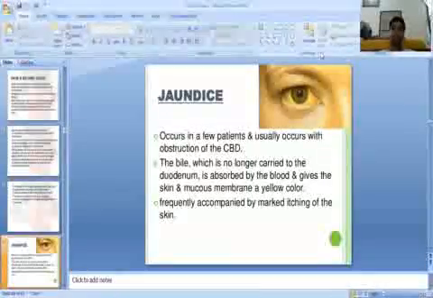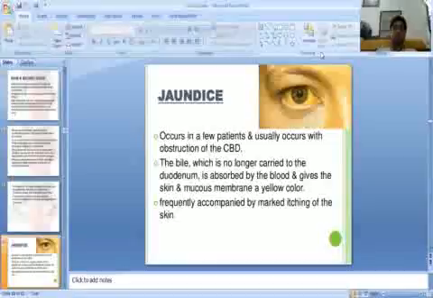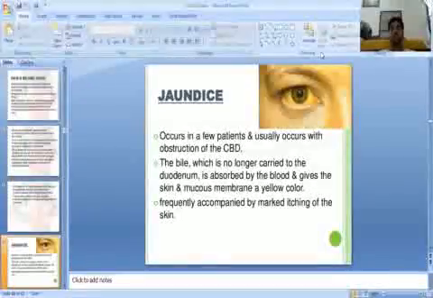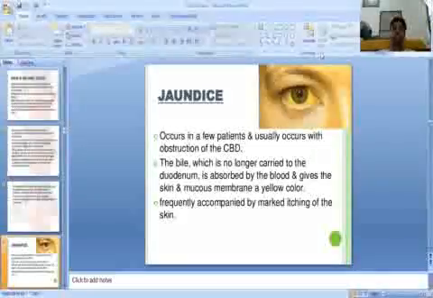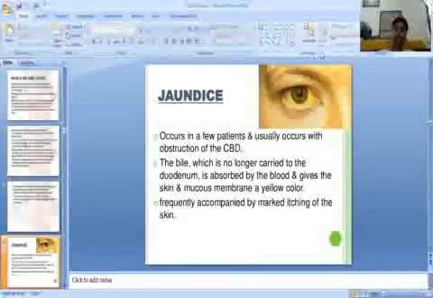Other symptoms are jaundice. It occurs in a few patients and usually occurs with obstruction of the common bile duct. The bile, which is no longer carried to the duodenum, is absorbed by the blood and gives the skin and mucous membrane a yellow color, frequently accompanied by marked itching of the skin.